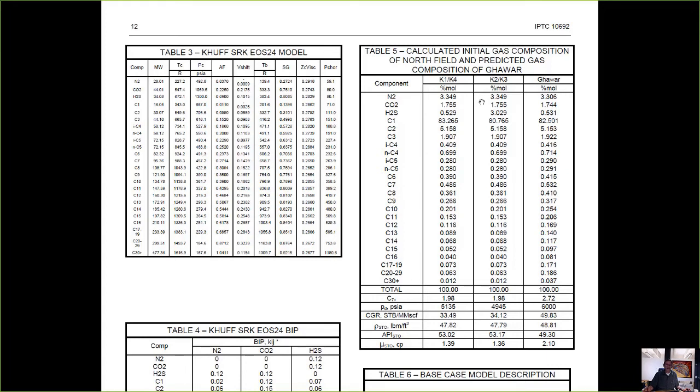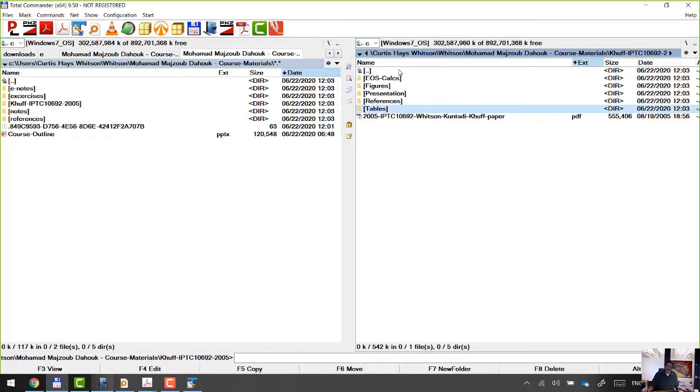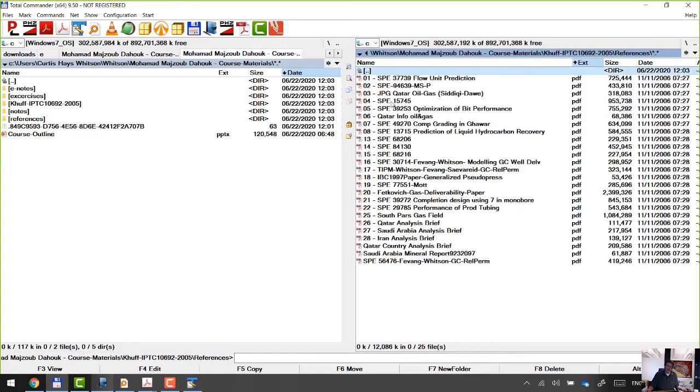If you look at it, there's a nice paper in the references to this paper by Kwaku Tomang, talking about the spatial compositional variations in the Saudi Aramco Khuff gas condensate field.